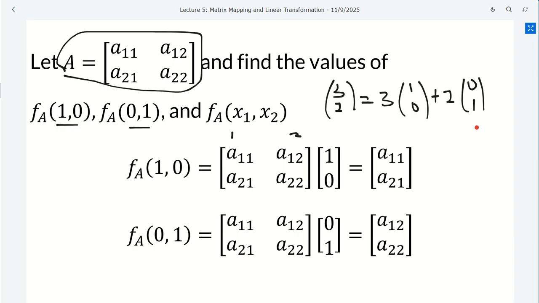we can construct it. If we can apply the transformation to the basis, it's the same thing as applying the transformation to the vector. Let me take it again. We said when you have a vector, because of linear combination, we can construct any vector using the individual basis. So I have a vector 3, 2 over here, and I can write it as a linear combination: 3 times e1, which is the base, then 2 times e2, right?